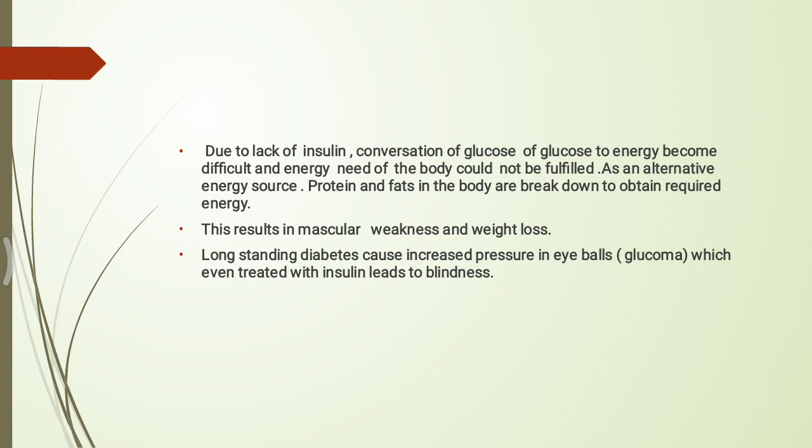Diabetes is a Greek word meaning to pass through, and mellitus is a Latin word meaning sweet. Diabetes is a metabolic disease caused by a variable combination of two pathogenic factors, that is deficiency and resistance of insulin.